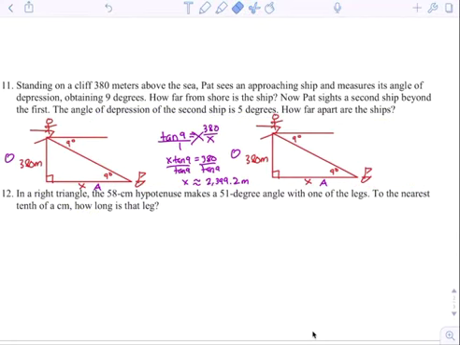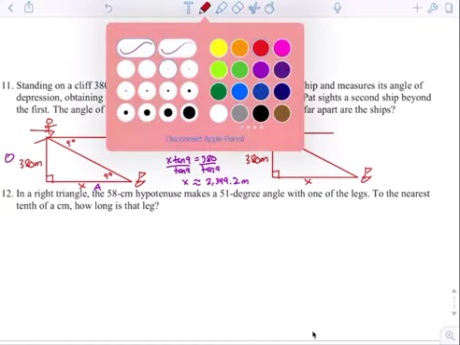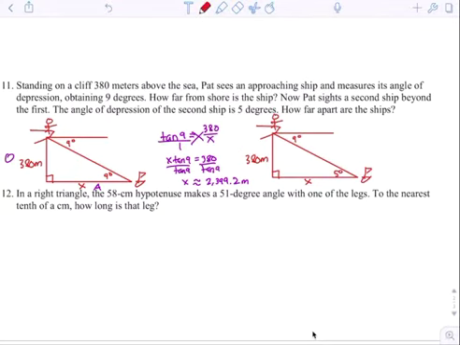So if we use that same drawing, but now this new degrees, it says he sees it at 5 degrees. This angle of depression would be 5. So then he sees a second ship that's further away from the one he saw from the 9 degrees. And we should see what the distance is from this ship to the shore.